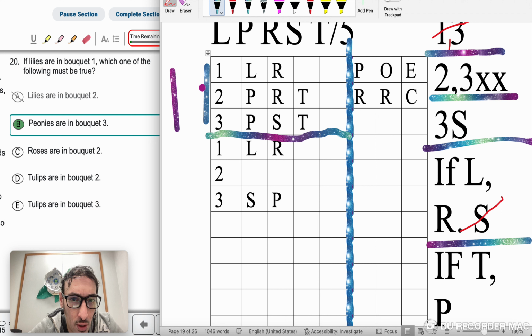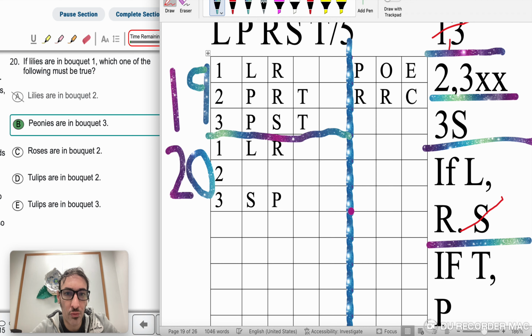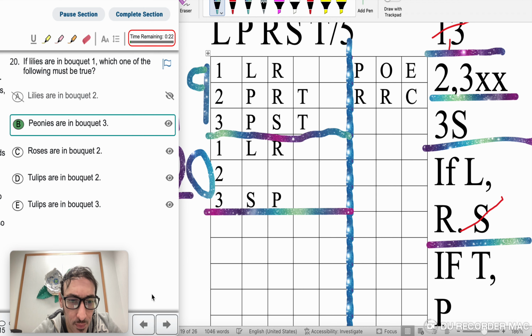So we use 2 worlds: the first one from question 19, and the one we created right now for question 20, with the information that L and R are in the same bouquet as 1. With this being done, it's a good idea to keep track of your game pieces and organized, because when you refer back to it, you want to make sure it's accurate. So let's move on.